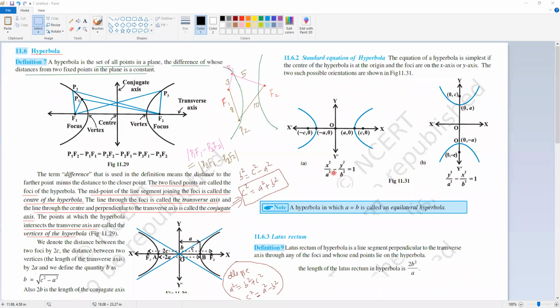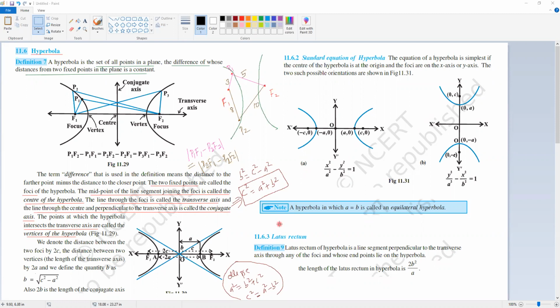In the case of ellipse, x square by a square plus y square by b square is equal to 1. But in ellipse, a is always big, we assume that, not in hyperbola. So what happened in ellipse: if x square has the biggest denominator, the major axis is horizontal; if y square has the biggest denominator, the major axis is vertical.